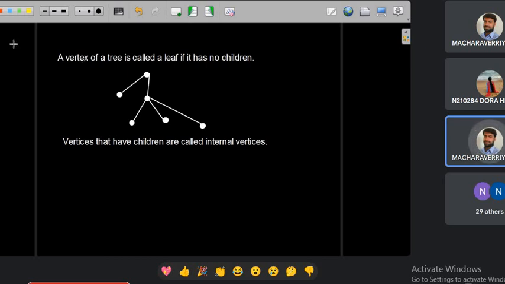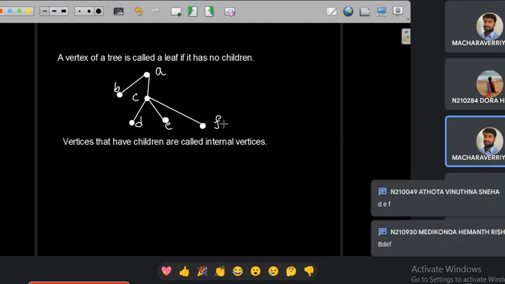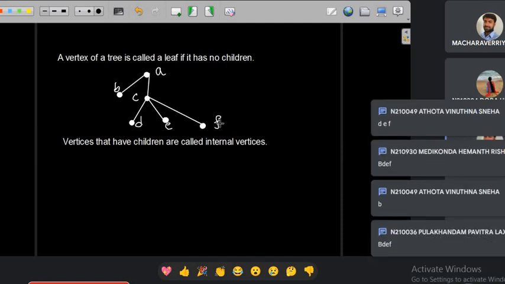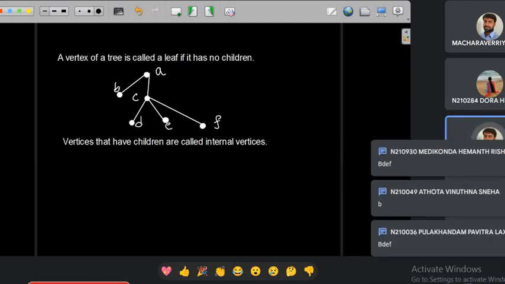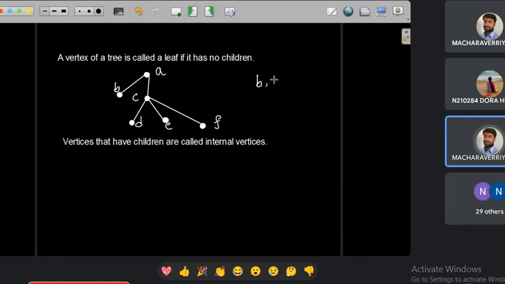So let me name these vertices as A, B, C, D, E, F, right? So what are leaves in this graph? Is it just D, E, F? Is it just B? I am talking about all leaves. So all the leaves are B, D, E, F. Simply look at the pendant vertices. Pendant vertices are nothing but leaves.